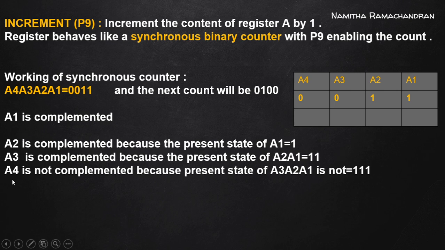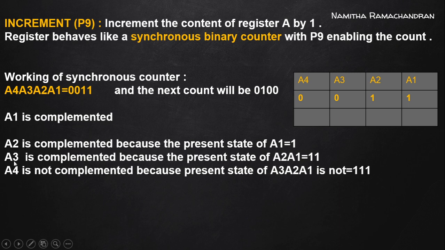And also A4 gets complemented in the next state only if in the previous state A3 A2 A1 contains all 1s. Once more, the A1 value is always complemented, and A2 in the next state gets complemented only if in the previous state A1 has the value 1.